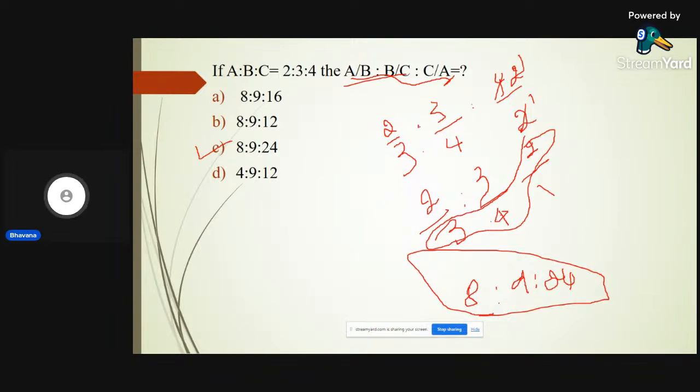Is this an easy way to find the answer? Just substitute the values into this ratio form and multiply with this. First 3 means this, next with this. By multiplying only, we will get the answer.